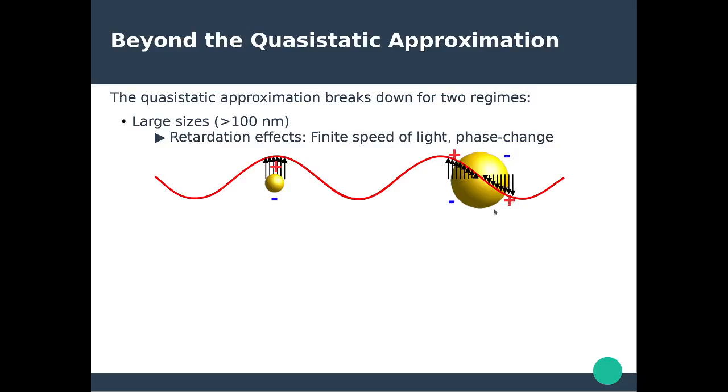In this particular case, we are illustrating a quadrupole resonance. So you have positive charge, negative charge on that side, and the other side is going to be negative and positive. So you see that you're forming a quadrupolar pattern. So that's why we are able to excite higher order modes in large nanoparticles. This is because of retardation effect. And therefore, in that particular regime, the quasi-static approximation fails.